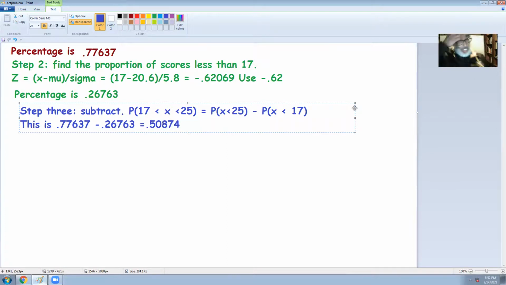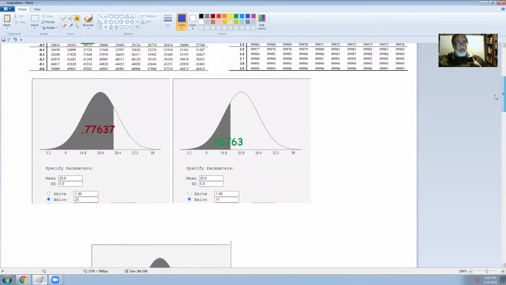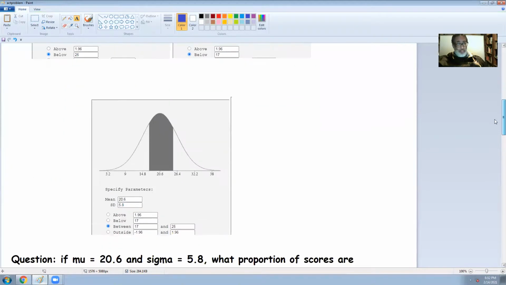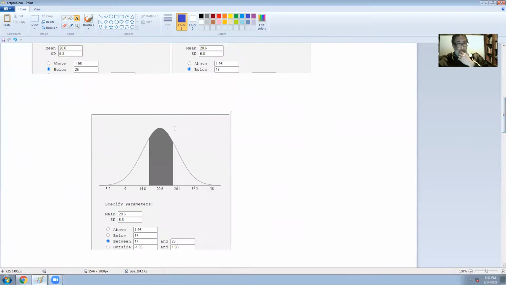And we realize that's a little bit over 50% of all scores are between those two values. And that is how you do a problem involving the difference. That's what you see right here, 0.50874.